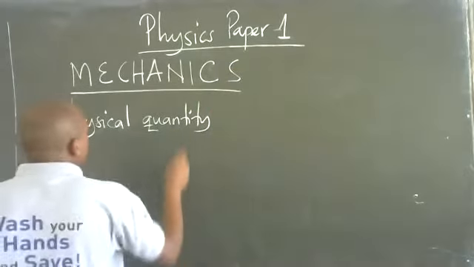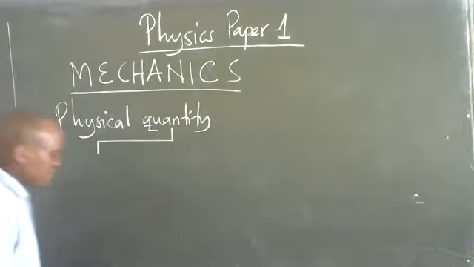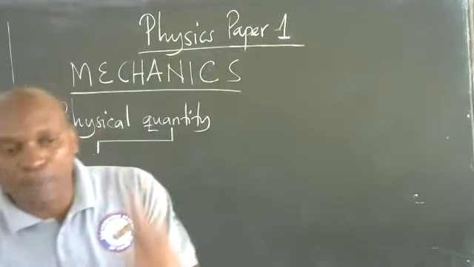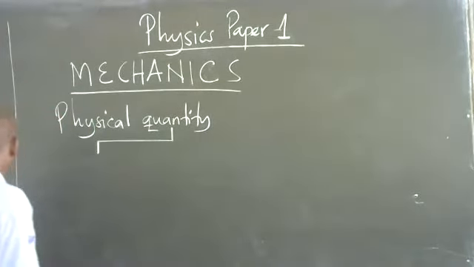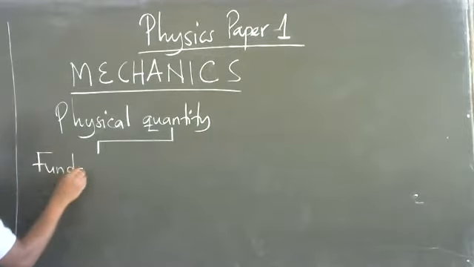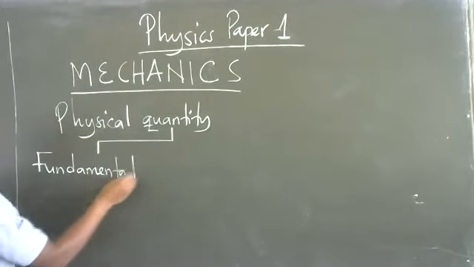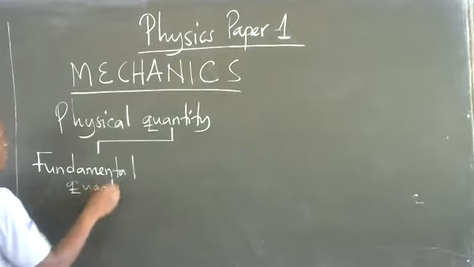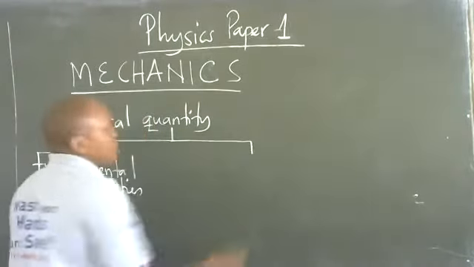Now, after knowing this physical quantity, physics comes in and says these physical quantities are categorized into two parts. The first category is the one that we refer to as the fundamental quantities. And then the other part, who can tell us the other part?